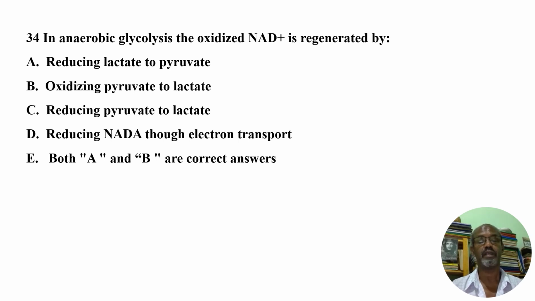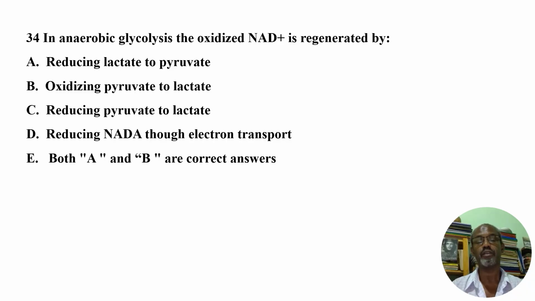In anaerobic glycolysis, the oxidized NAD plus is regenerated in order for glycolysis to keep on moving, generating that 2 ATP. The NADH that has been reduced in the process of glycolysis should be oxidized. The oxidized NAD plus is regenerated.